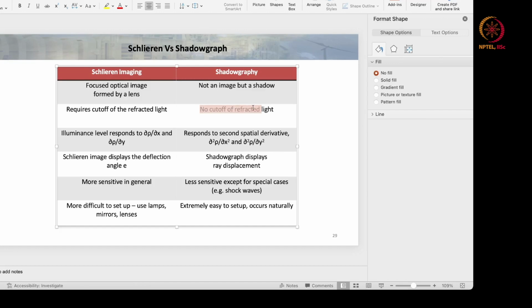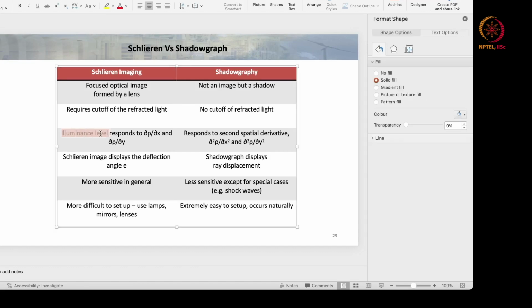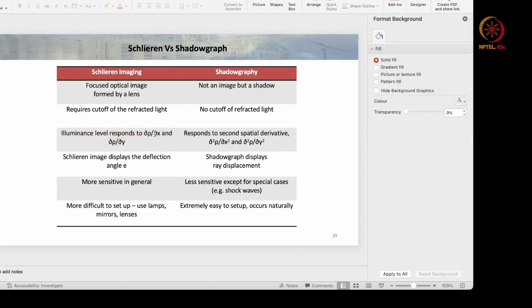Here, there is no cutoff of the refracted light. You can see there is a focusing here, while here you need not do any focusing at all. This requires a cutoff, this does not require a cutoff. And the illuminance level actually depends on the first order derivative of the density with respect to space, either with respect to x and y or both.